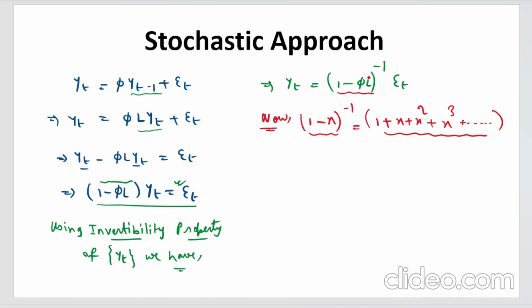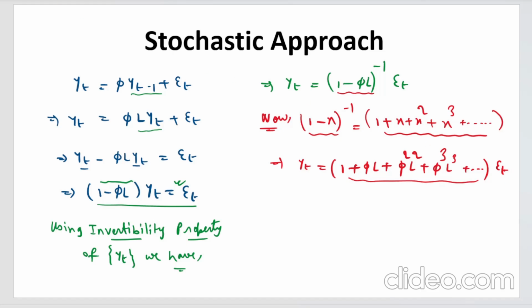So this inverse can be written as an infinite series. If you do the same thing for this, what will you get? y_t can be written as (1 plus phi L plus phi squared L squared plus phi cube L cube and so on) into epsilon t. So I have simply written this inverse in this form.